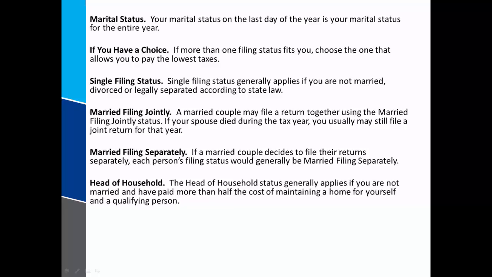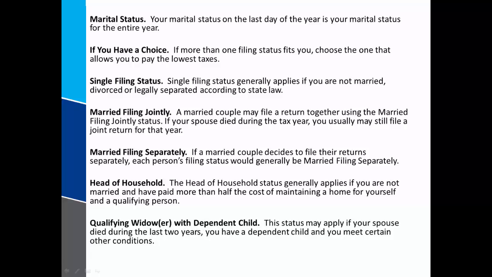Head of household. The head of household status generally applies if you are not married and have paid more than half the cost of maintaining a home for yourself and a qualified person. 7. Qualifying widow with dependent child. This status may apply if your spouse died during the last 2 years, you have a dependent child, and you meet certain other conditions.